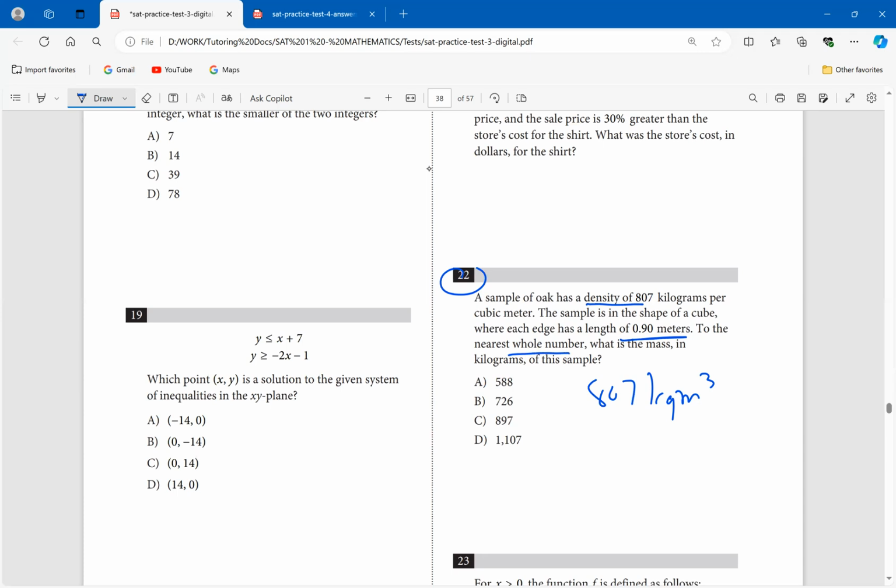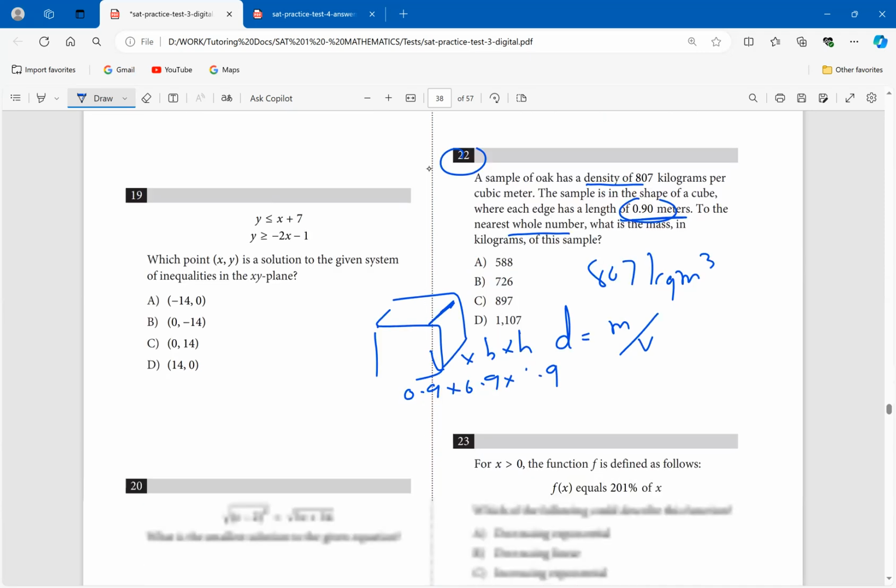What is the mass in kilograms of the sample? They've given you density and length, so you need to simply apply the formula density equals mass upon volume. If you know the length of one side of a cube, you can figure out the volume: 0.9 multiplied by 0.9 multiplied by 0.9. Length, base, and height, you multiply them, so you can get a volume.